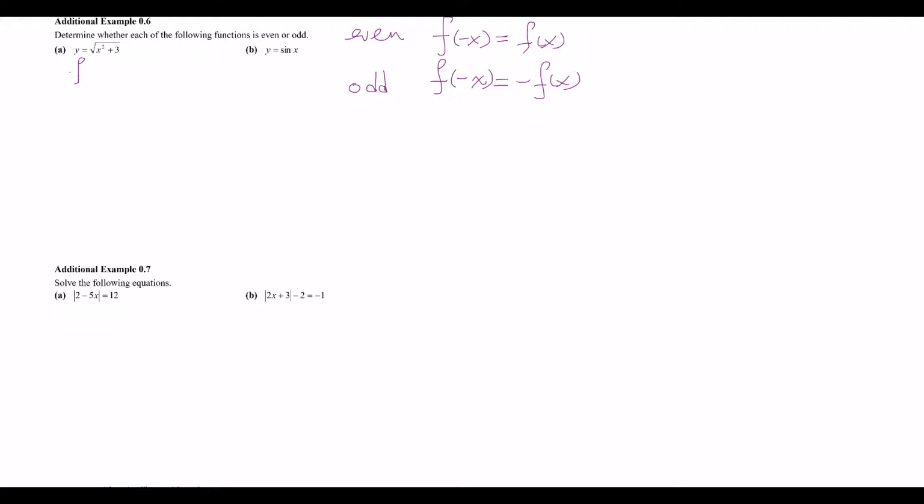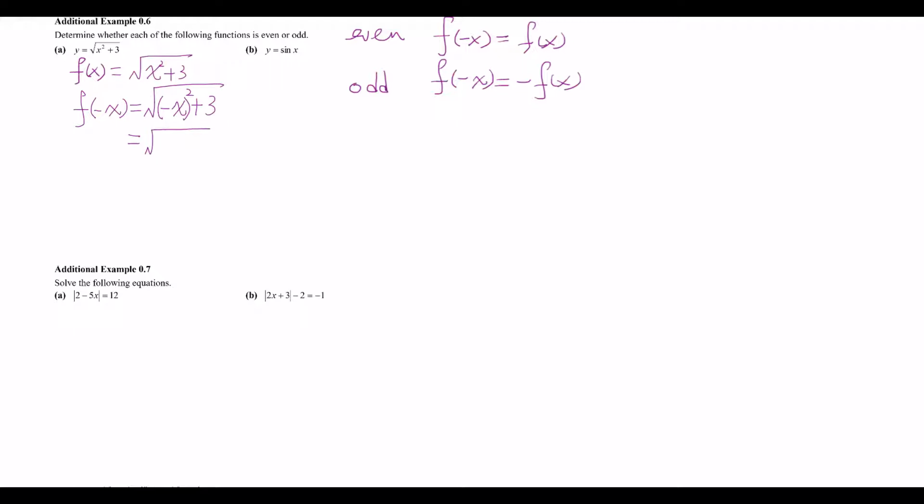We take f of x equals the square root of x squared plus 3. If we have f of minus x, then it is the square root of minus x squared plus 3, where we replace x by minus x. And then we simplify.